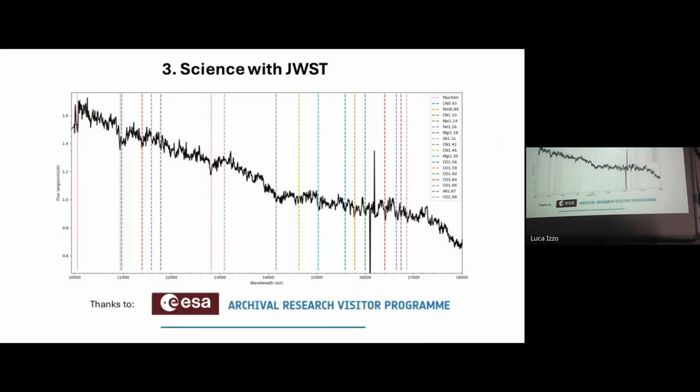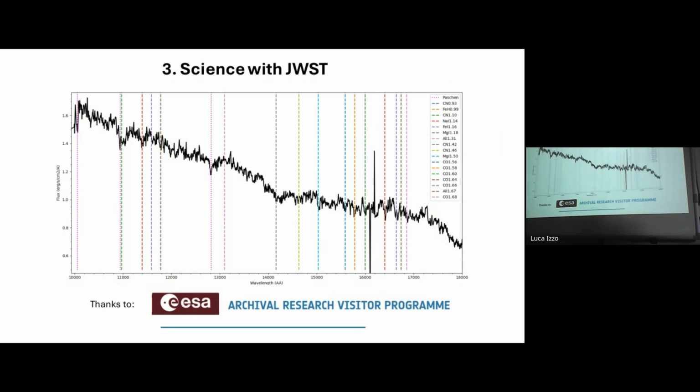But the scientific reason why I'm here is that a few months ago I won this archival research visitor program. So I spent a couple of months at ESA, in the Netherlands, and I looked into the archival data, the early releases of JWST, looking for quiescent galaxies at higher redshifts.